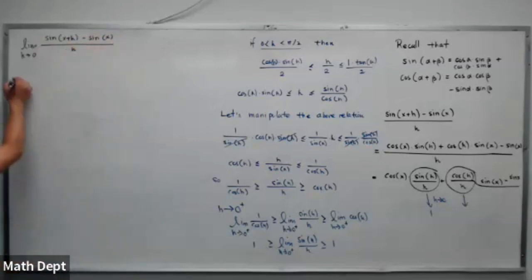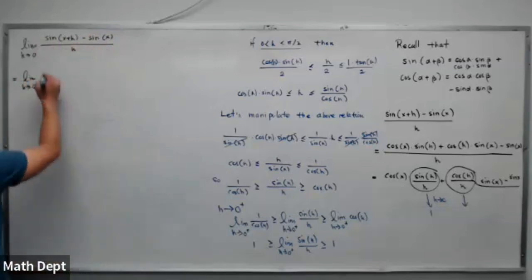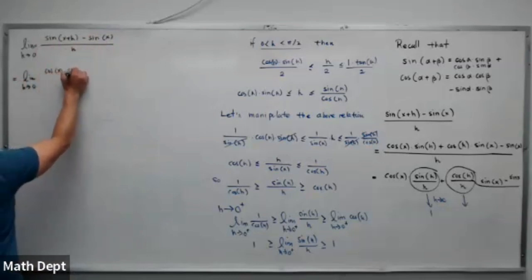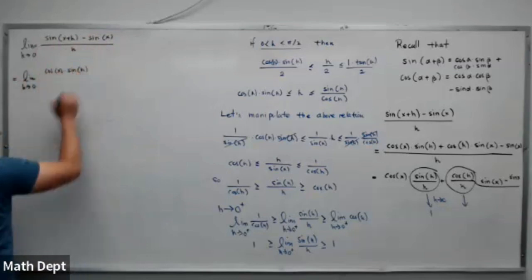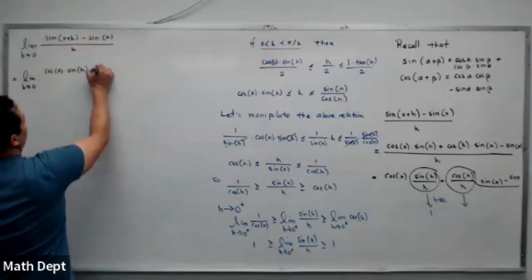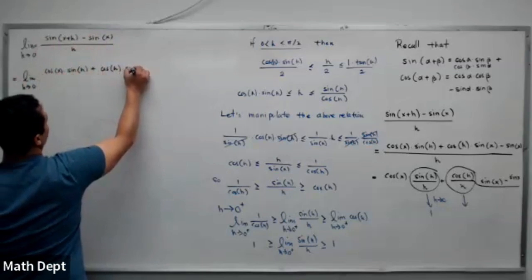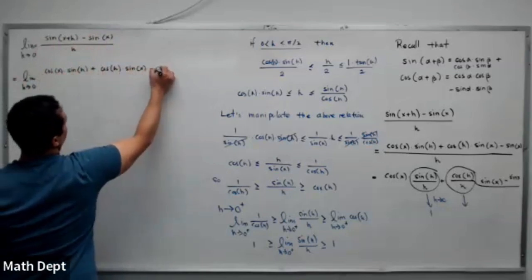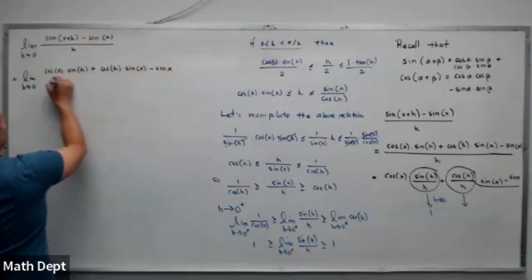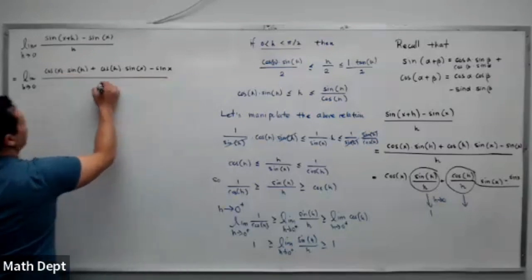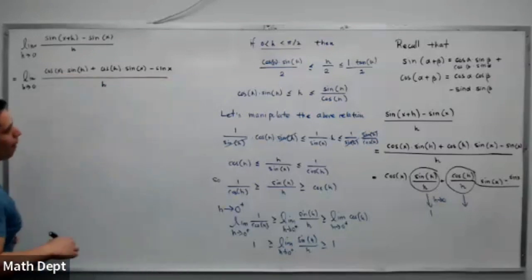Well, that one is the limit as h tends to 0 of, after some algebra, cosine of x times sine of h plus cosine of h times sine of x minus sine of x, all divided by h.